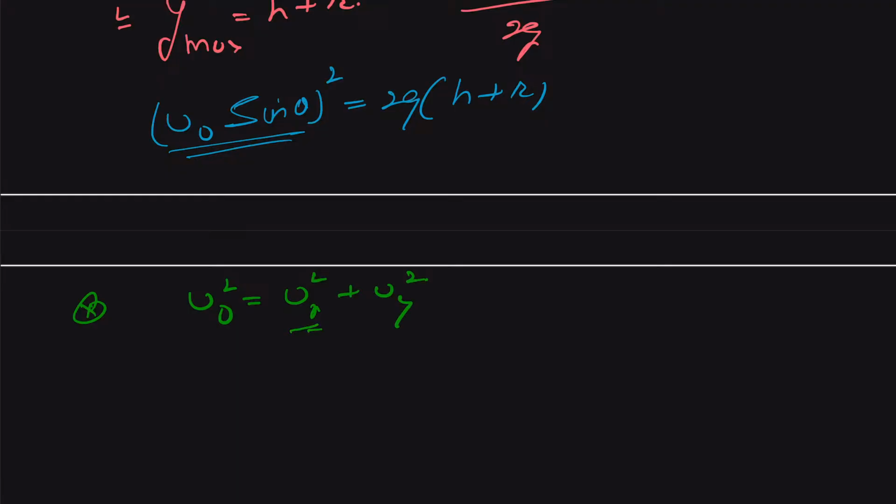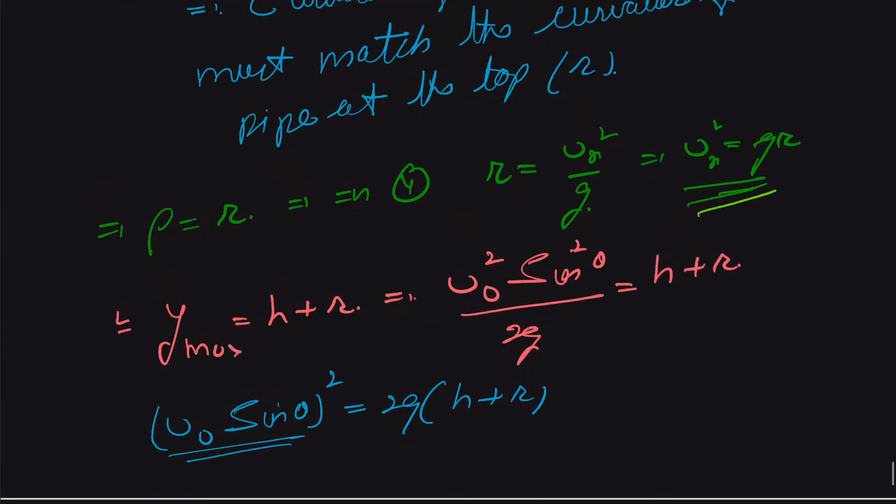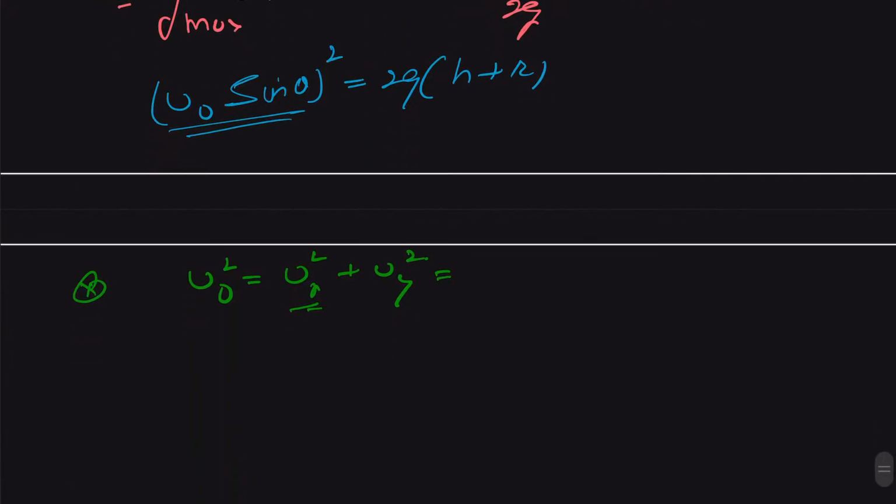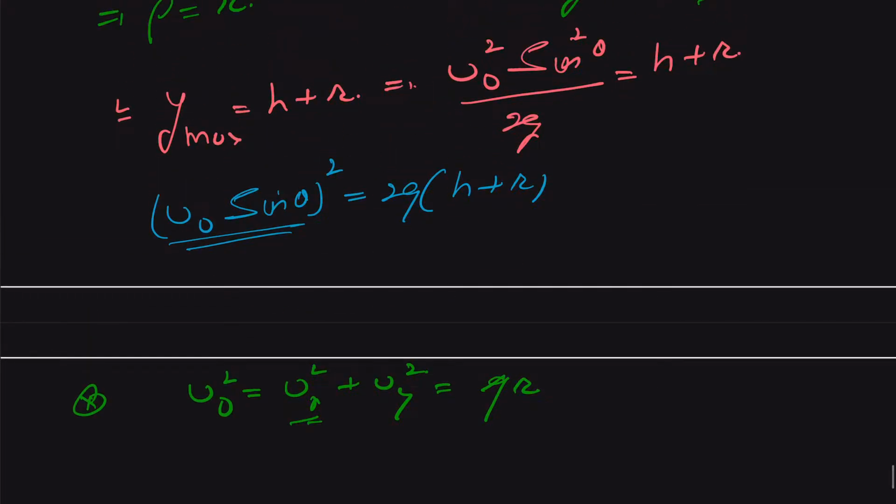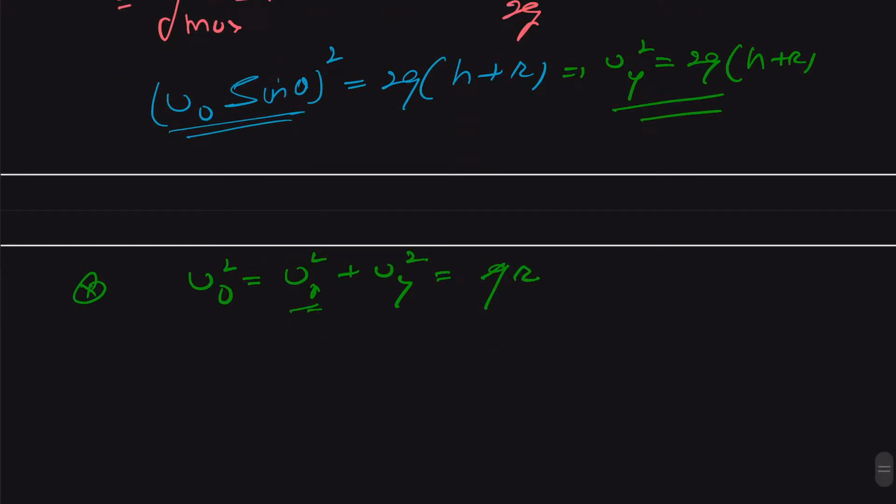The x component is g r, and the y component from here comes as 2g times h plus r.